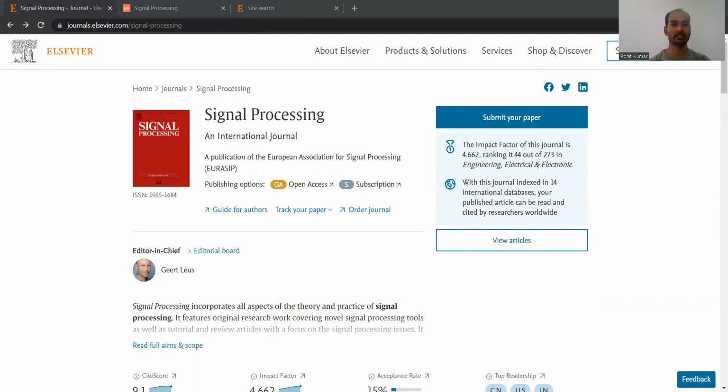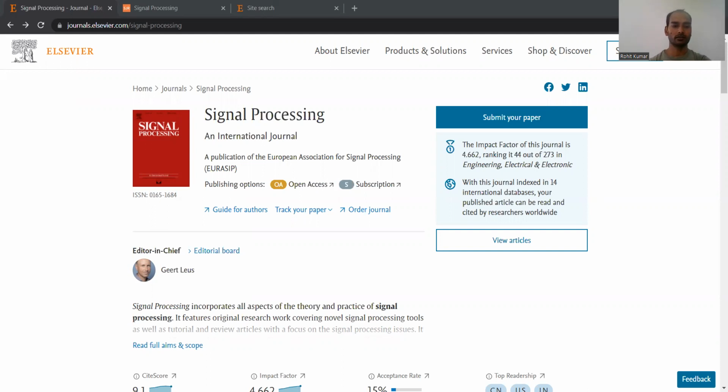Additionally, so many different organizations and institutions are working and publishing their work. Some of them are the French National Center for Scientific Research, Chinese Academy of Sciences, then the University of Electronic Science and Technology of China, Nanyang Technological University, City University of Hong Kong, University of California Systems, French Institute for Research in Computer Science and Automation, University of Paris, then the University of Texas Systems, Uppsala University, and so many others.